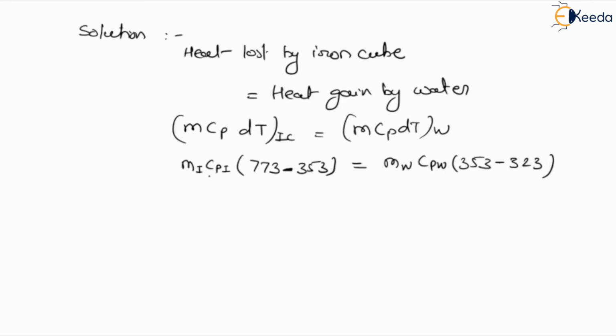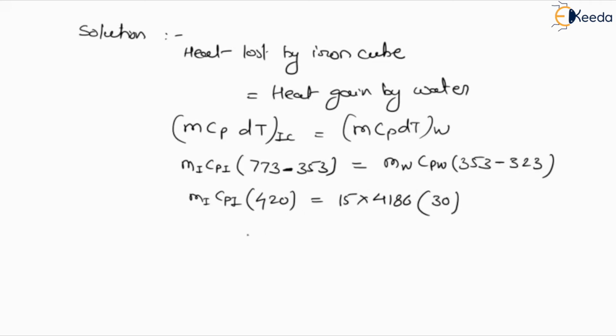Here we don't have the mass of the iron and the Cp value for the iron, so we will write them as they are. So m_i Cp_i times 773 minus 353, which is 420, will be equal to the mass of water, 15, times the Cp value for water, 4186, times 353 minus 323, which is 30.